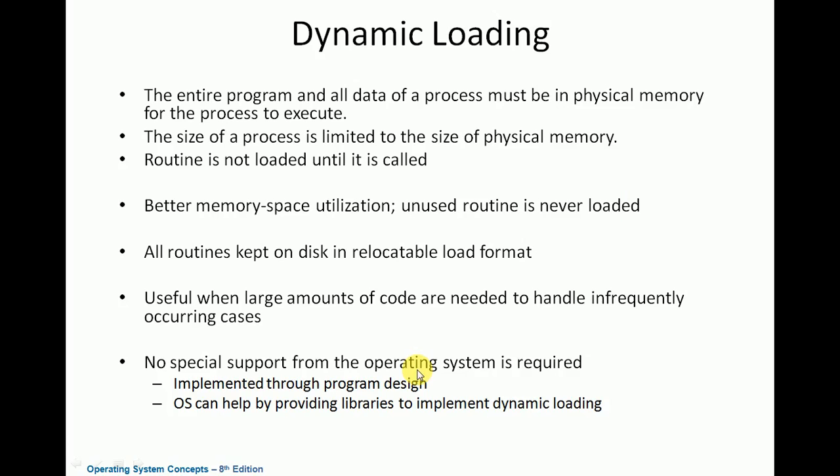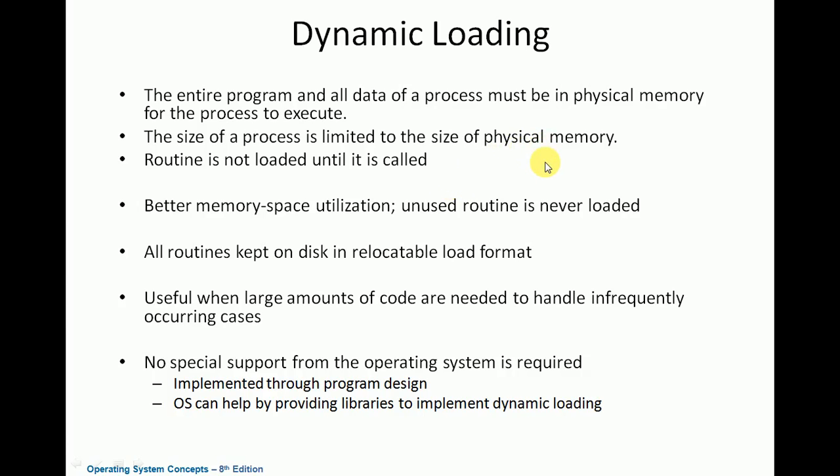Now let us look at dynamic loading. The entire program and all data of a process must be in physical memory for the process to execute. If you want to execute a program, the entire program instructions along with its data must exist in the main memory or physical memory. And the size of a process is limited to the size of physical memory.